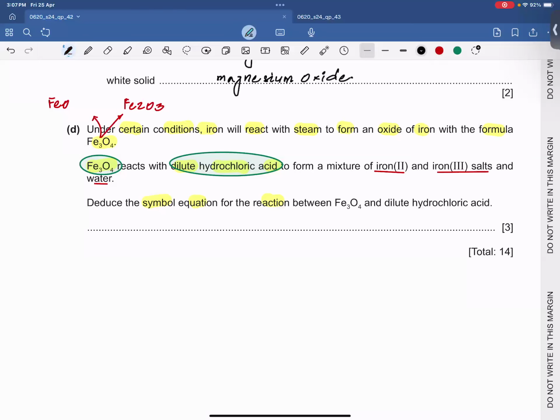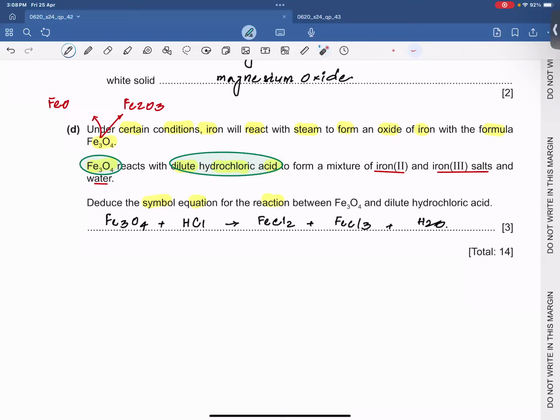We have done this equation in one of the papers in the Cambridge examination. This is Fe3O4 plus HCl, arrow, iron 2 chloride, then iron 3 chloride, and then water.